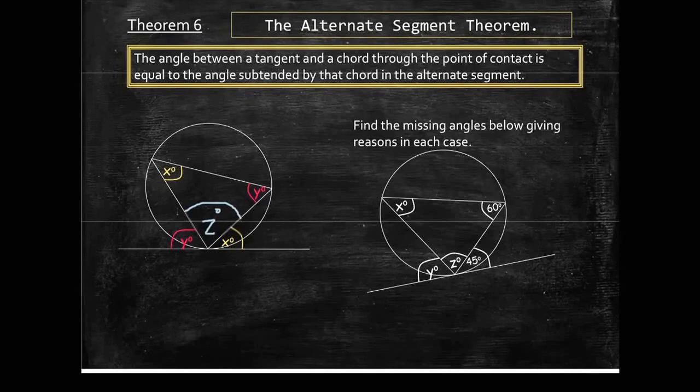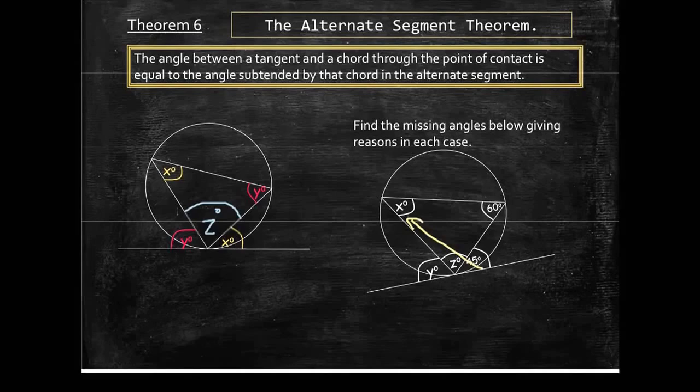Okay, let's have a look on the right hand side of the screen now, where it says find the missing angles below, giving reasons in each case. I'm going to start off by looking at angle x. So x, I can see, is one of these opposite ones here. It's opposite the 45 degrees.